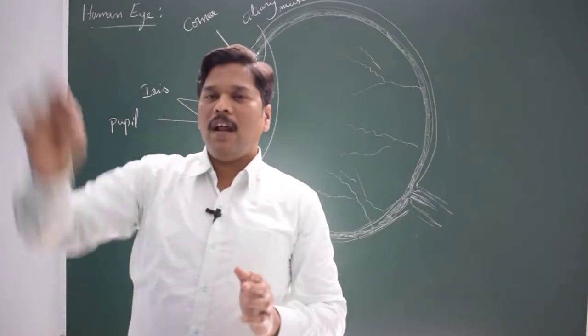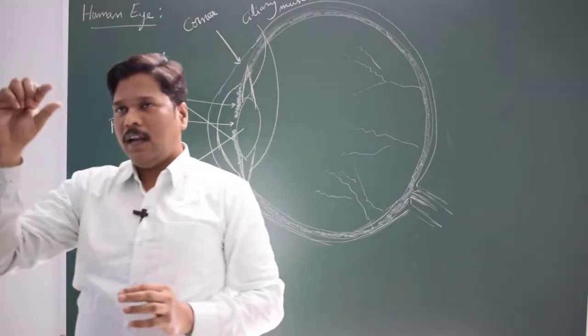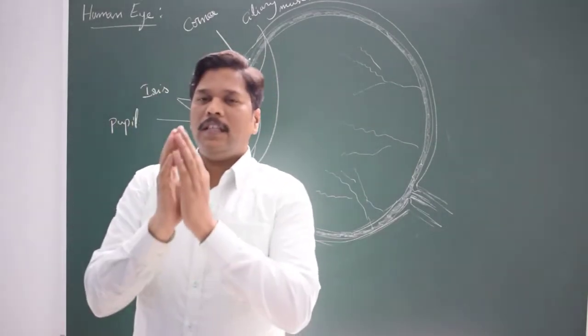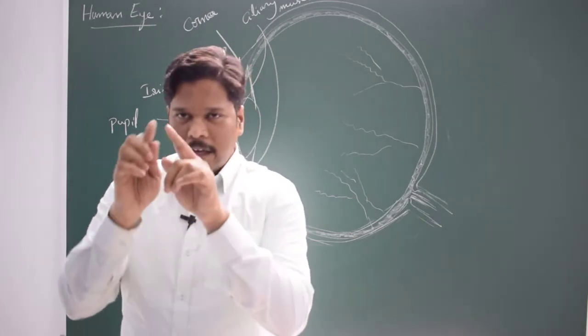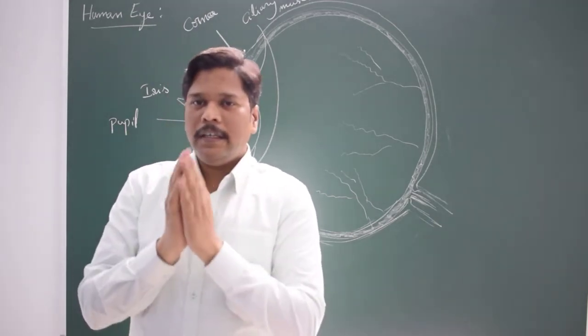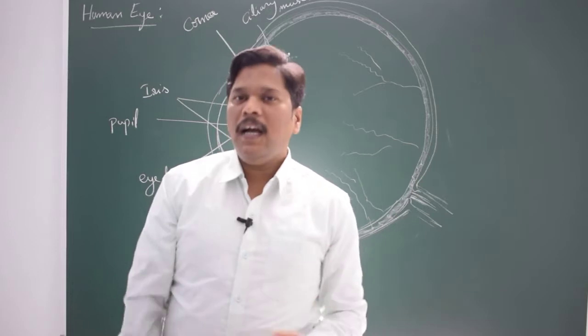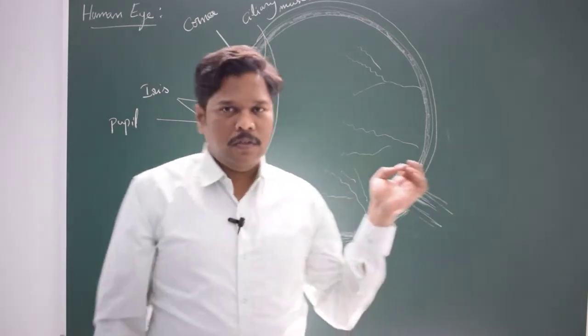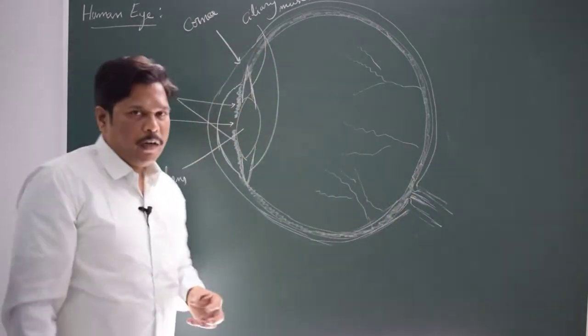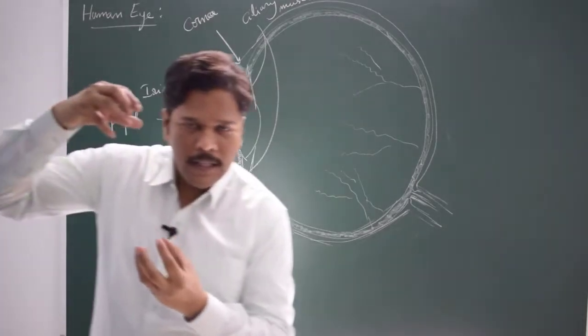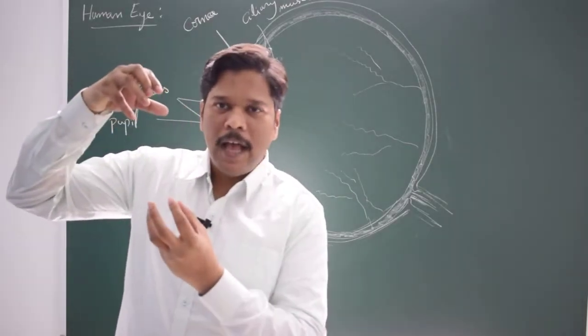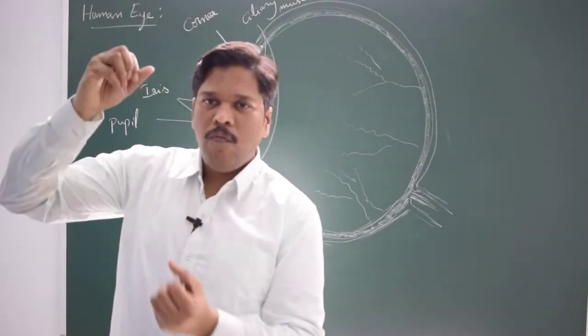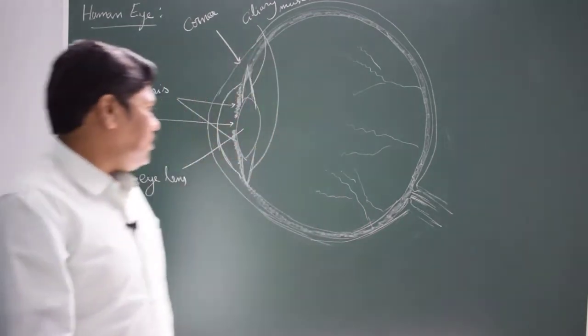If we are seeing a far off object, since the light comes parallel from far off objects, the ciliary muscles relax and the curvature of the eye lens decreases. That means the focal length of the eye lens increases. So ciliary muscles play an important role in holding the lens exactly in position as well as changing the focal length of the lens.